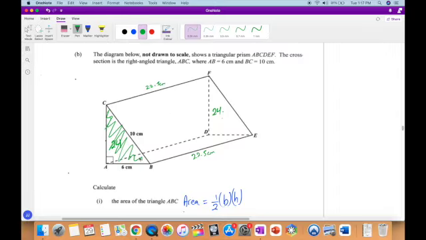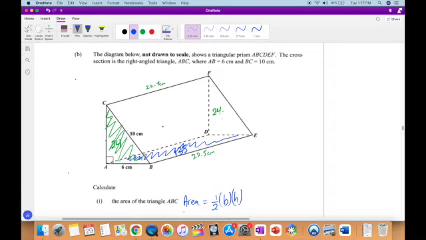Okay? So the area of this base here, just this base part here, will be 6 times 22.5. So 6 times 22.5 is 135. So this is 135. Alright, so we have 24, 24, 135.